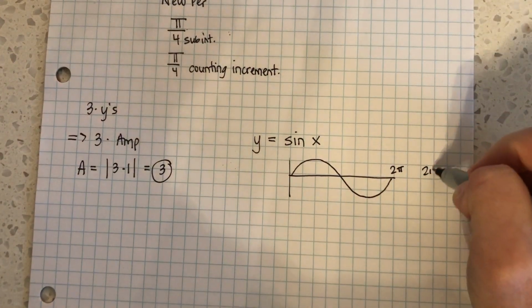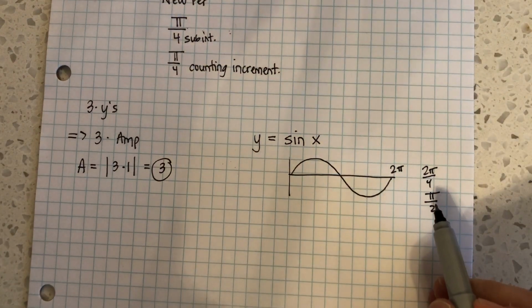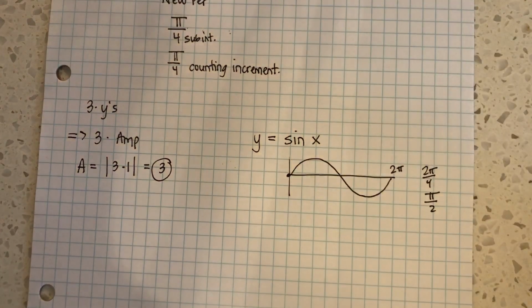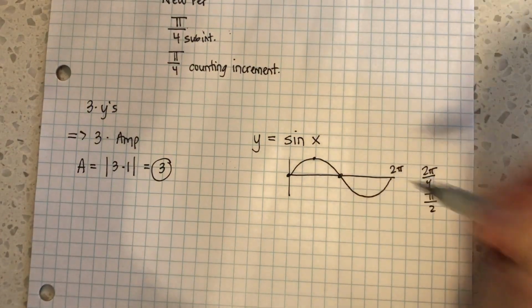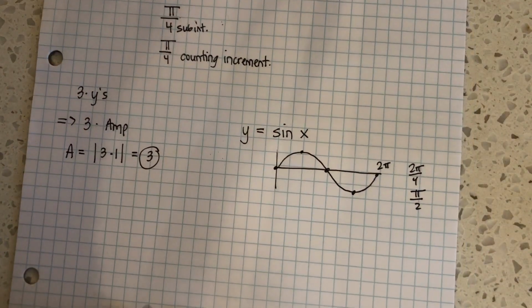When you took his period 2 pi and divided it by 4, we were counting by increments of pi over 2. Every pi over 2 units, there was some key point, right? Here, here, here, here, and then here. These were his 5 key points that lived on his graph.